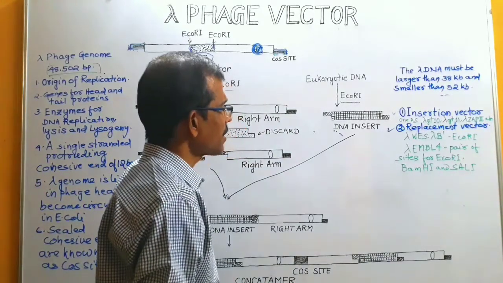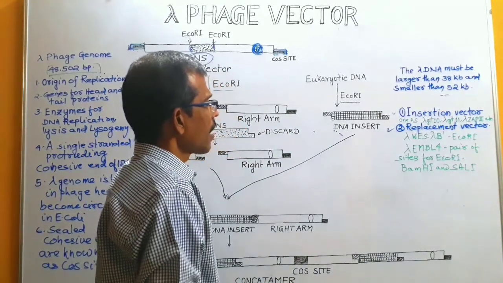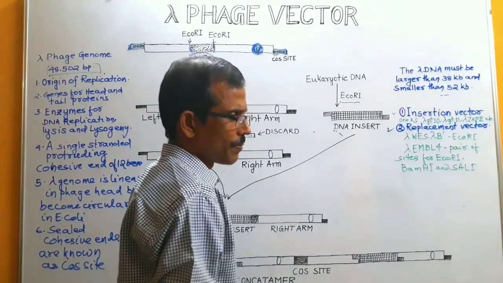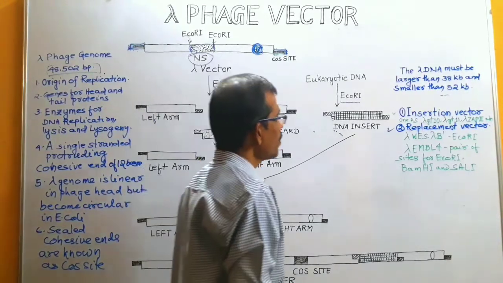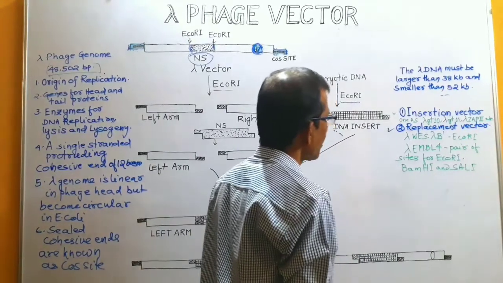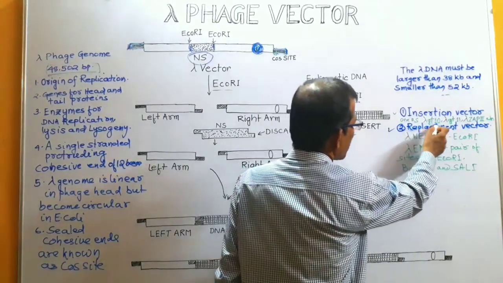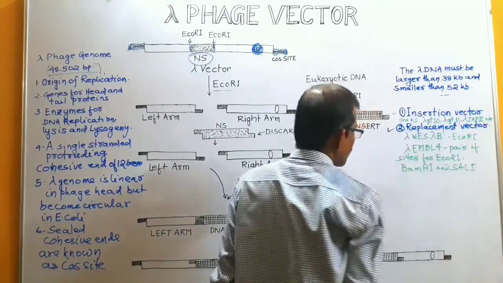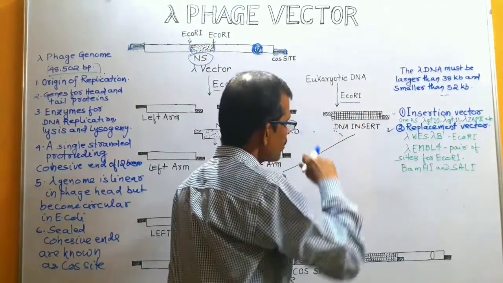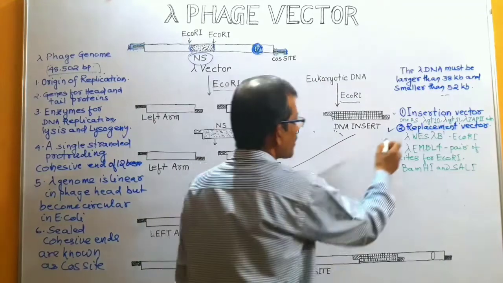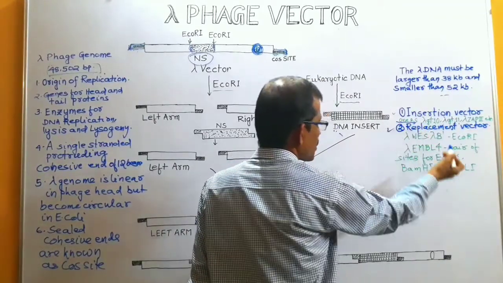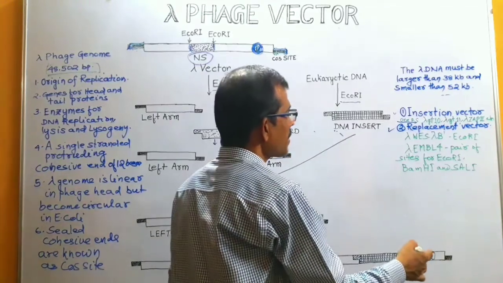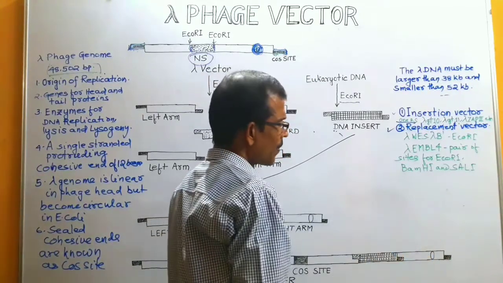In insertion vector, a large part of the non-essential segment is removed. Examples of insertion vector are lambda ZT10, lambda ZT11, lambda ZAP2, etc. The insertion vector has one restriction site for a specific restriction enzyme so that DNA insert can be integrated.